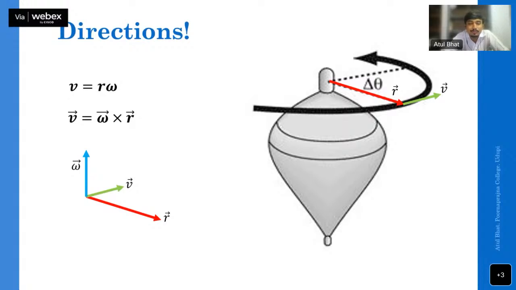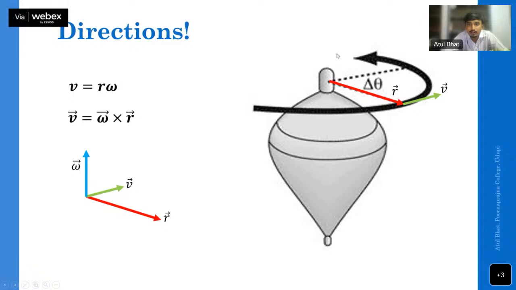Although the linear velocity keeps changing direction along the rotational motion, at every single tangential point it is going to point one or the other direction. You can see, I'm not sure if you can see the mouse, but at this point the velocity is along this green arrow. At this point over here, the velocity is going to be tangential.